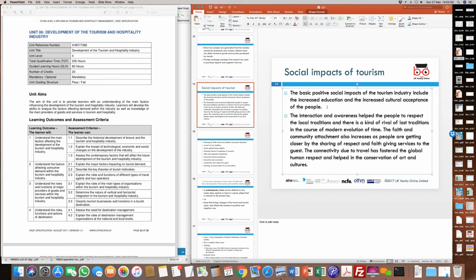One of the key things is that people will not do something in a particular location if they have been pre-warned, because they see that it is taken as offensive by the locals who live there. So you need to develop cultural acceptance. Your awareness is generally quite increased, and whatever interactions you have are done from a point of view of developing more understanding and knowledge about the location that you're visiting. And that tends to be the social impact of tourism.